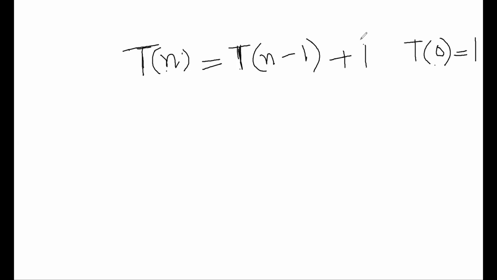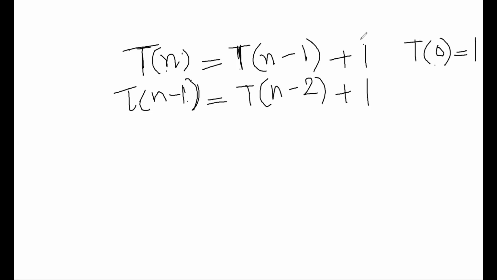So mathematically, how do you go about it? I know T0 is 1. If I solve it like this, I say T of n minus 1. Now, if my problem reduces to n minus 1, what will you do? Substitute n minus 1 in this equation. So you'll get T of n minus 1 is equal to T of n minus 2 plus 1.